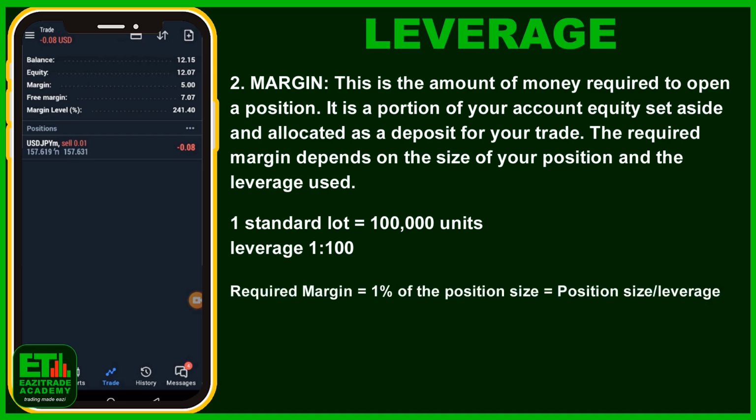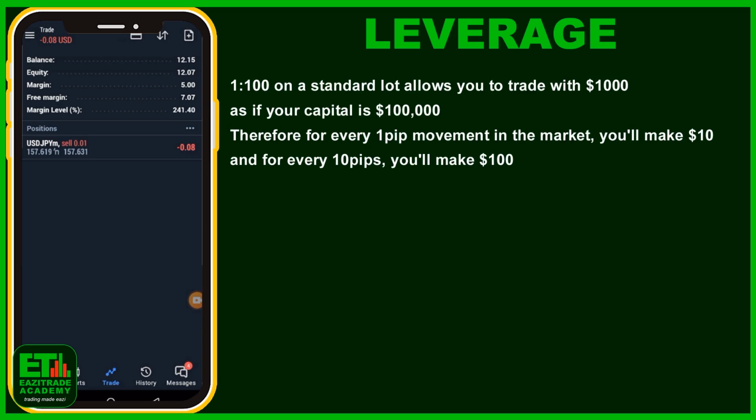So I continue. The required margin would be 1% of the position size. Calculated in mathematical form, required margin equals position size over leverage. So if your capital is 100,000, a 1:100 would give you the opportunity to leverage on 100,000.